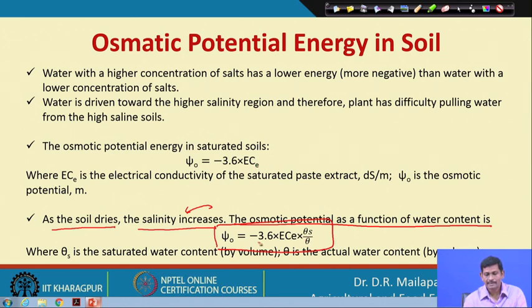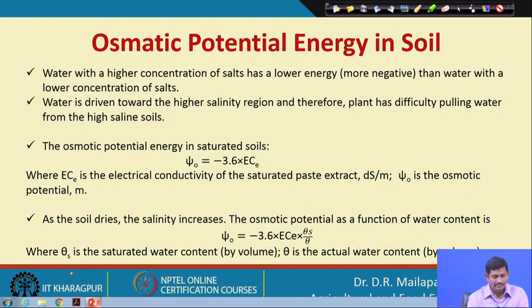Then in that case, minus 3.6 into ECe, the same equation here, multiplied by theta S by theta, where theta S is the saturated moisture content and theta is the current moisture content. So theta is less than theta S.